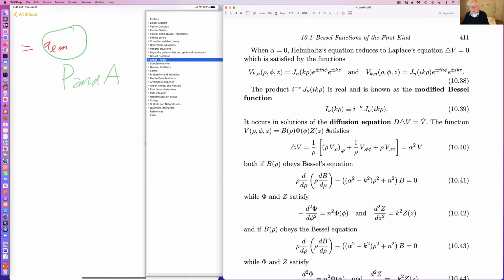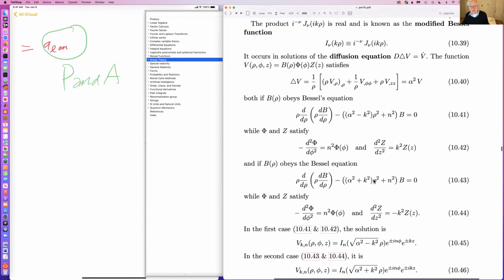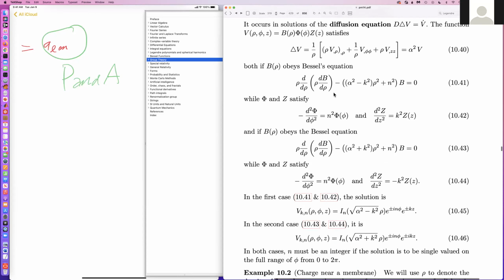The function V, again, the Helmholtz equation separates, and what we have then is Laplacian is equal to this, and if B obeys Bessel's equation and phi and Z satisfy this, then the solution in the first case is this, and in the second case is that.